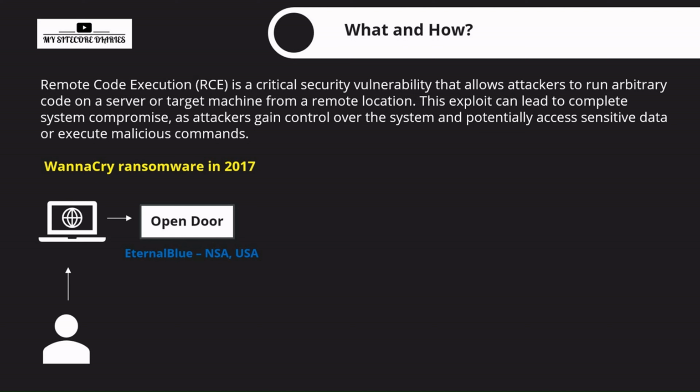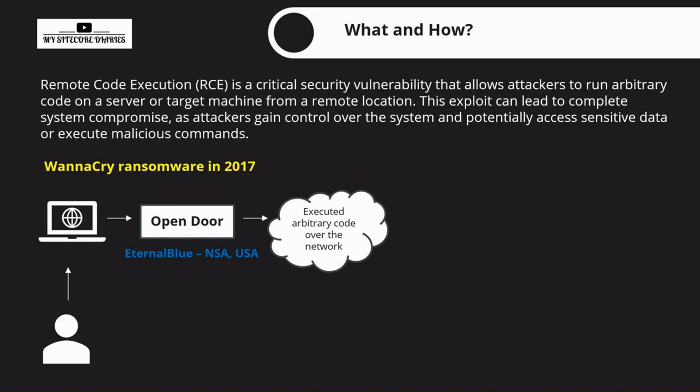EternalBlue is a tool developed by the NSA USA, and some part of it got leaked and was used by the hackers. They found a weakness in Microsoft Windows, like an unlocked door, and that allowed them to enter a computer without permission. It executed malicious code to lock or encrypt all the files, making them inaccessible to the user.